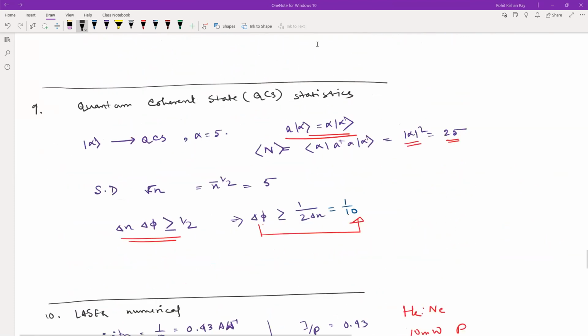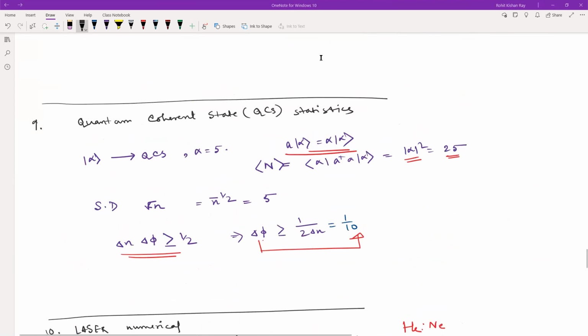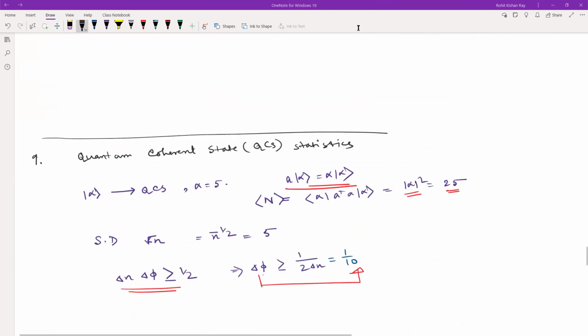Then I'll stop screen share. Yeah, you can stop sharing. I think there are no questions, so maybe we can stop it here. Thank you, Rohit and Sanjay. I think we can now conclude today. We'll meet Monday morning.